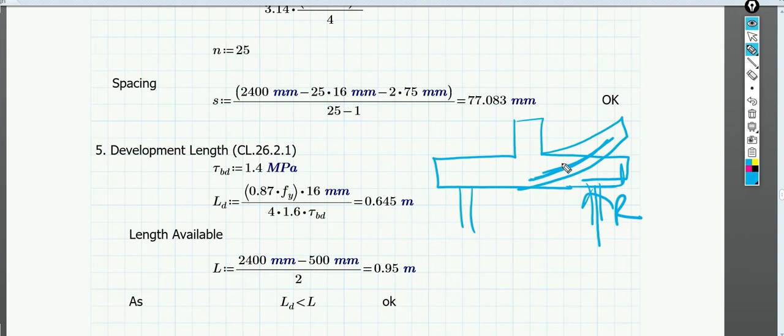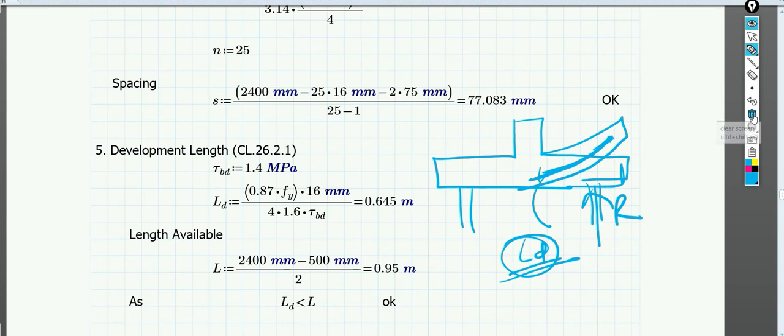And if the development length criteria is not satisfied, then the steel might come out of the concrete. Okay, so the development length criteria should be satisfied at the face of the column. That means the length that is embedded inside the pile cap should be more than the development length required. Otherwise the reinforcement will come out when this kind of bending is occurring in the pile cap.